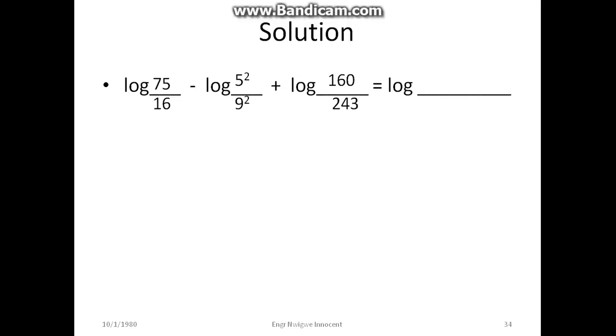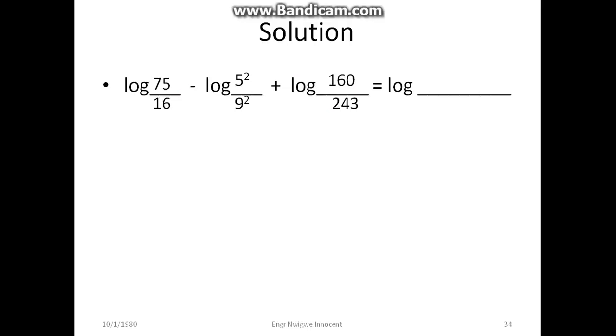Once there is addition, we multiply. Therefore, the 5 squared over 9 squared will actually become 9 squared over 5 squared, because it is having a negative logarithm.